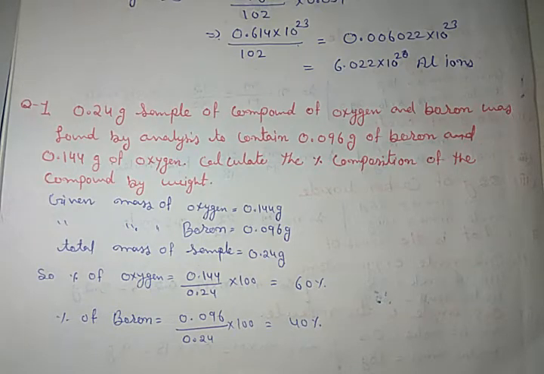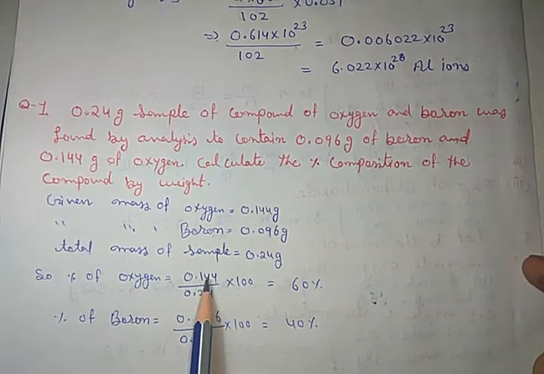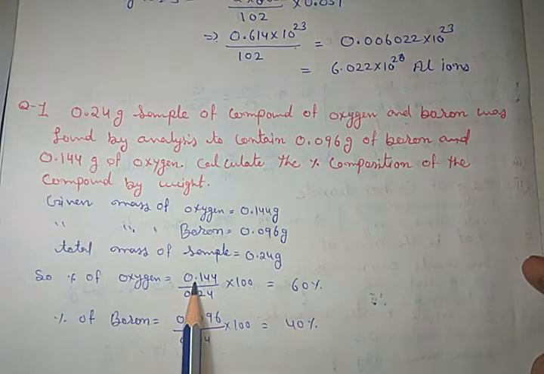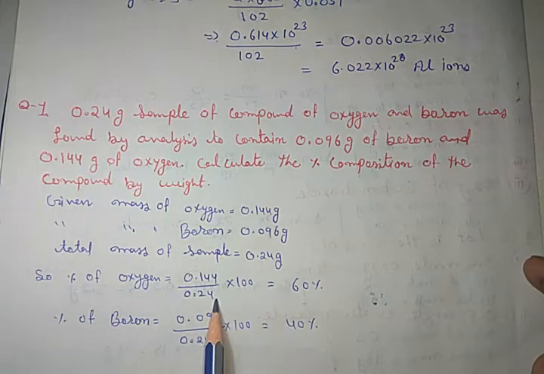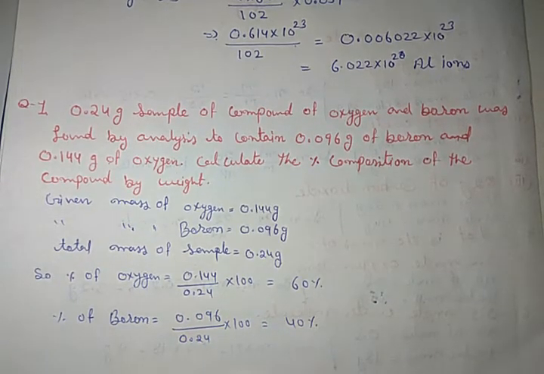And as you know, the percentage composition formula is the mass of a particular element divided by the mass of the total sample, multiplied by 100. So if we consider the percentage of oxygen, that is the mass of oxygen 0.144 divided by 0.24 multiplied by 100, so the percentage is 60%.